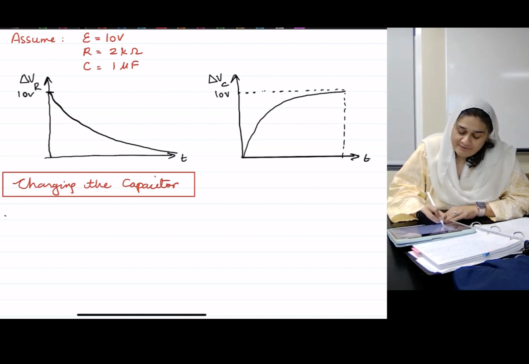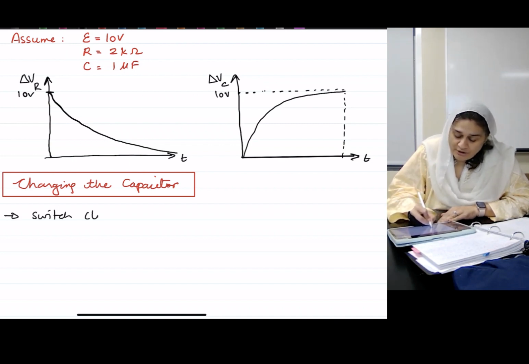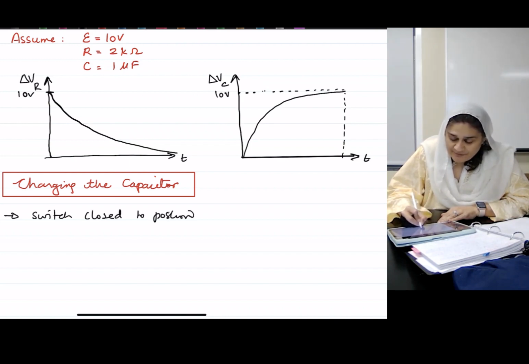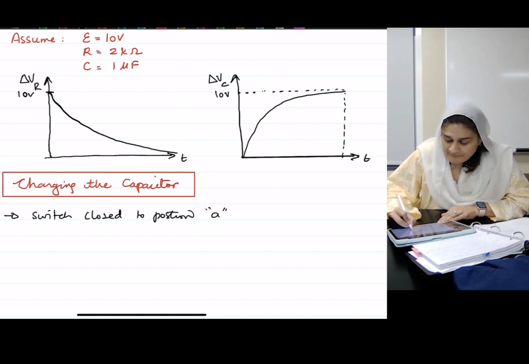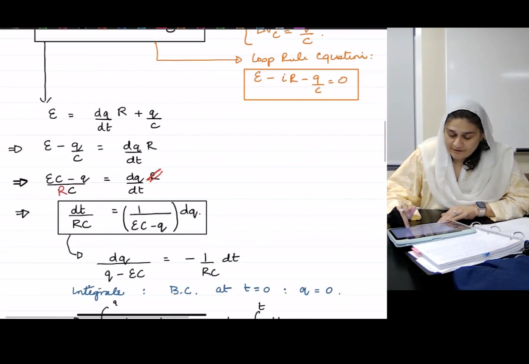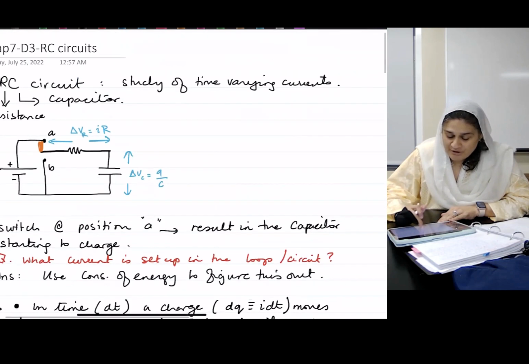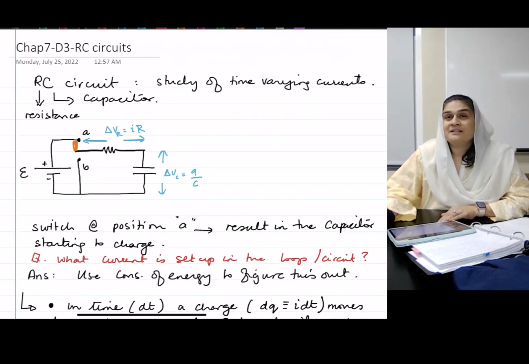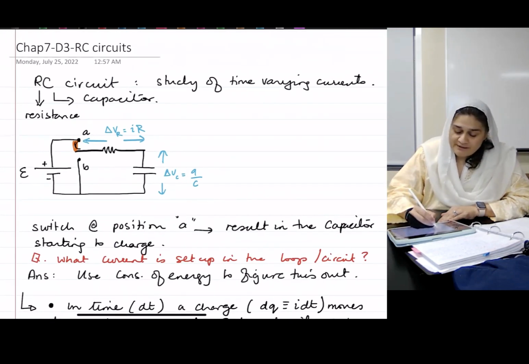So we said switch closed to position A at t equals 0. So in this picture, at time t equals 0, this connection is made.